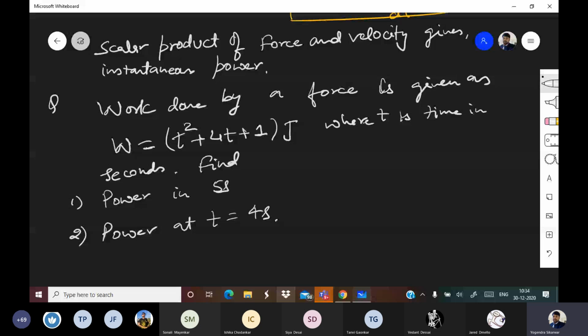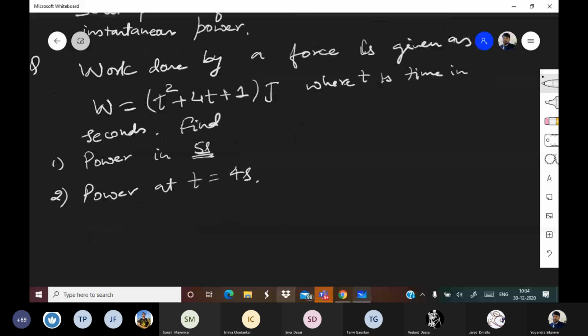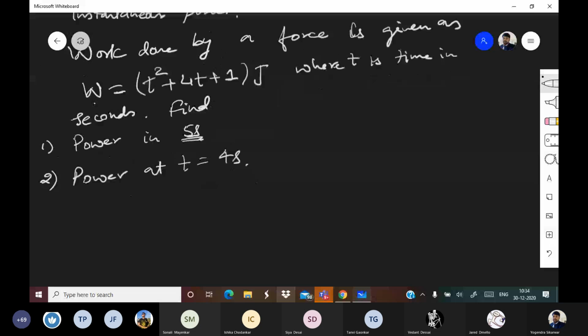Power in 5 seconds. The question says that work done in 5 seconds. So P5 will be W5 upon t.